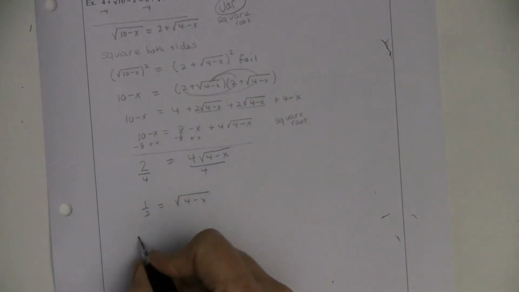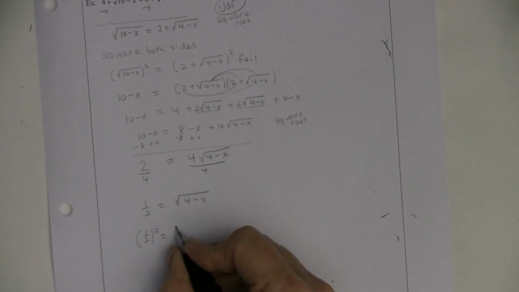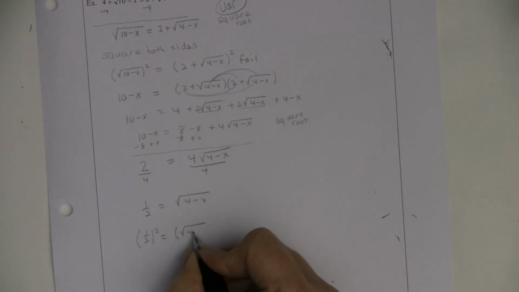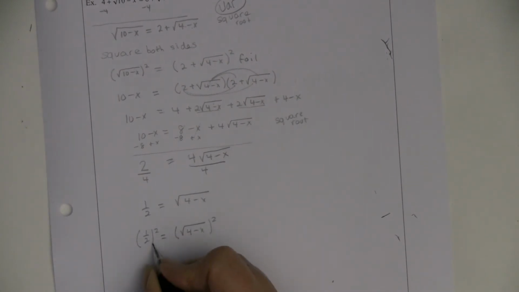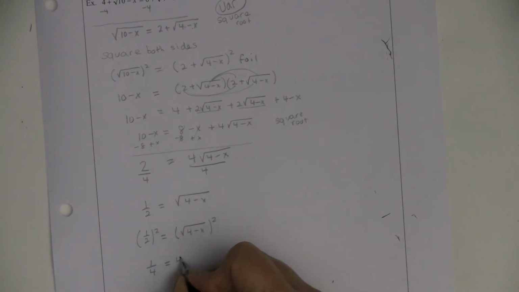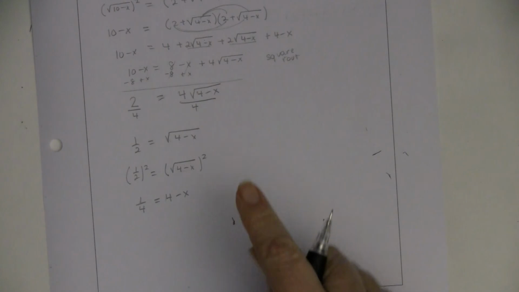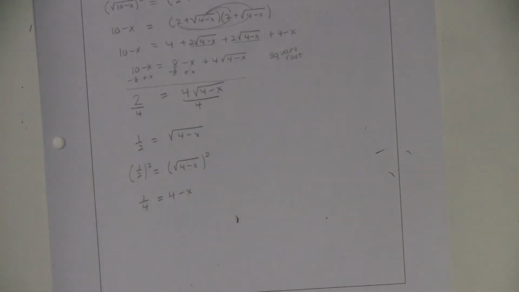So I am going to square both sides here. And when you square half, that's 1/2 times 1/2, that's 1/4. And when you square a square root, you just get the radicand, the part underneath, back, right? The square and the square root undo one another.